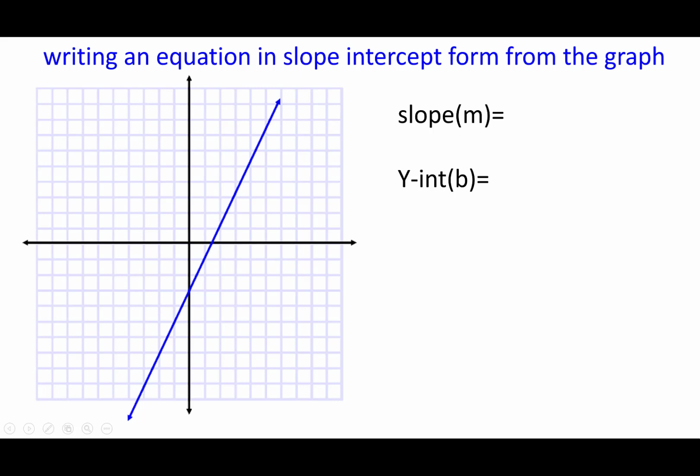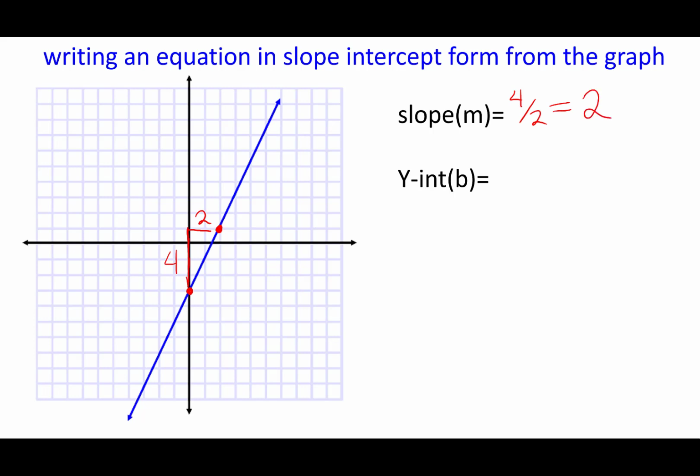All right, so first thing I need to do is pick 2 points on my line. So I'm going to pick this one here and this one here. And then I'm going to count my rise, which is 4, and my run, which is 2. 4 over 2, which can simplify to 2.